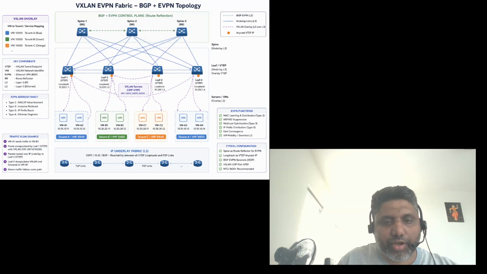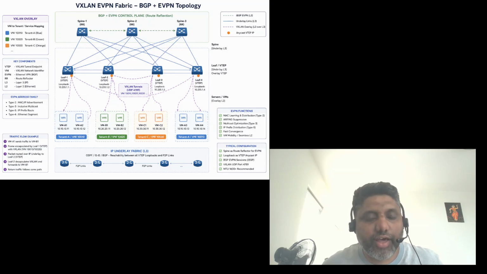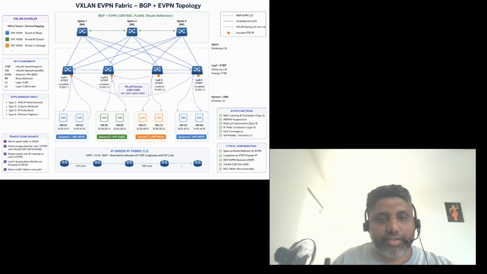It will send an ARP packet for 10.20.20.11, which is received here on the leaf. It will put on a UDP header with destination port 4789, which is the VXLAN tunnel port, and then a VXLAN header saying this is my VTEP address and I am going to this VTEP address, right?